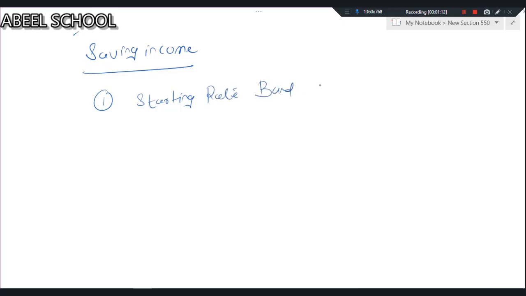Let's discuss how we calculate tax for saving income. Dear students, saving income simply means interest income. We have a few rules for saving income. Number one, there is a starting rate band of 5,000 with a tax rate of 0%, which we already discussed in the previous lecture.